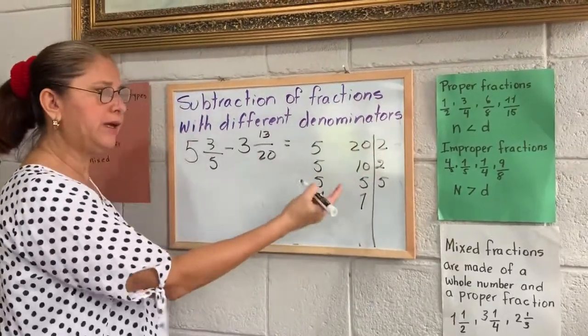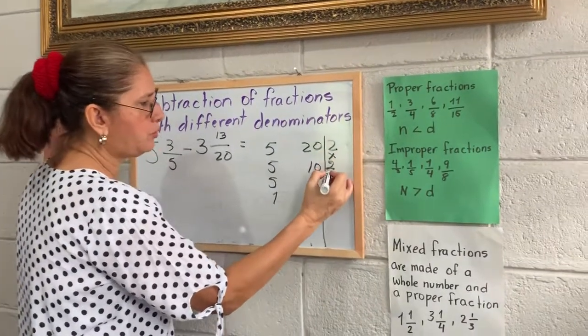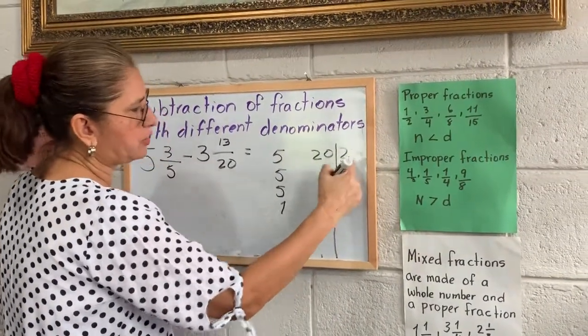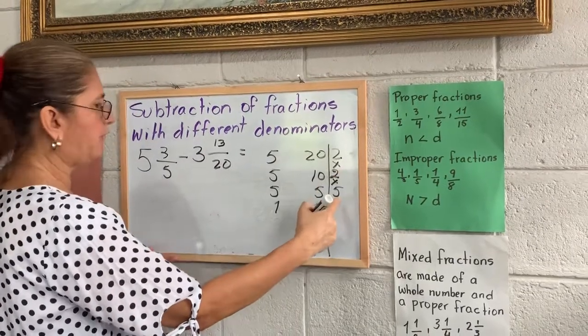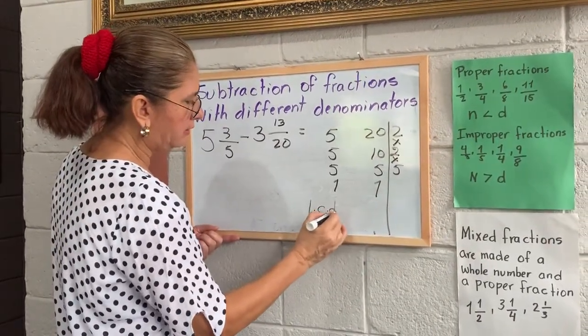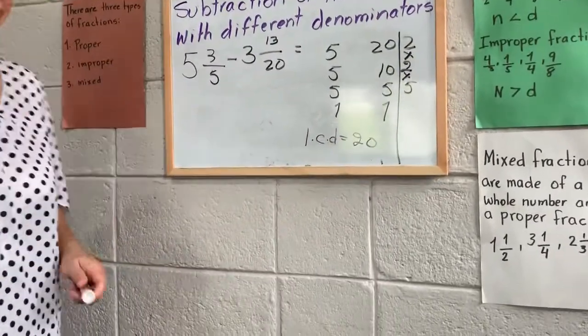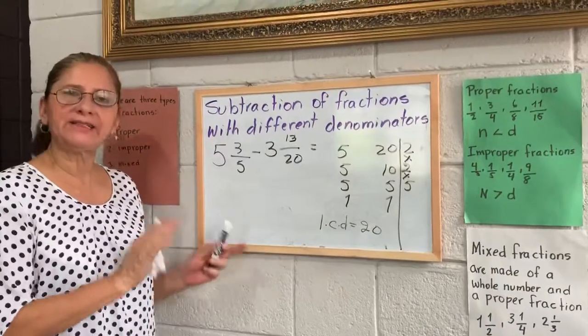How do I find the LCD? I multiply 2 times 2 times 5. 2 times 2 is 4, 4 times 5 is 20. The LCD is equal to 20. So, what is the next step?